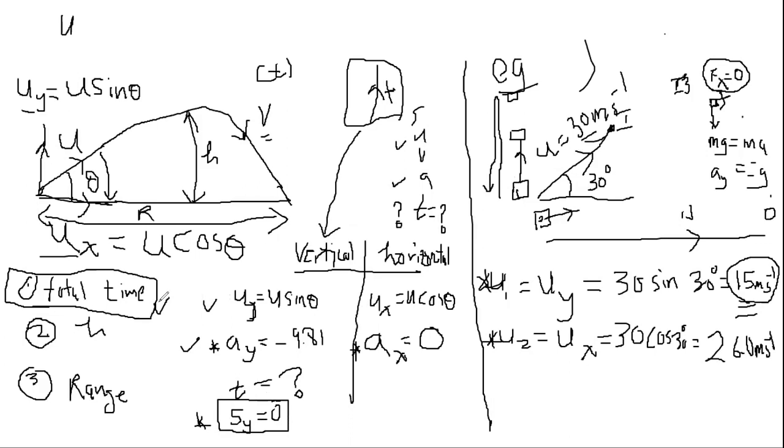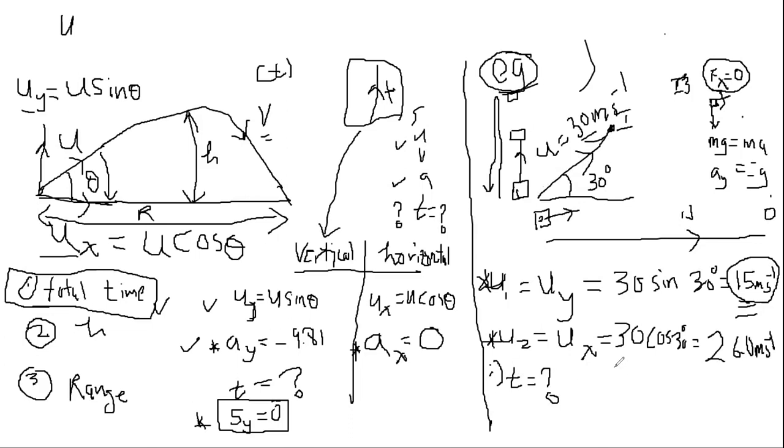Okay, so use this information. We go back to this example. The object is launched at 30 meters per second, 30 degrees from horizontal. It goes up and comes down. Can you first find the total time? You have to decide first whether to go vertical or horizontal. Going vertical.